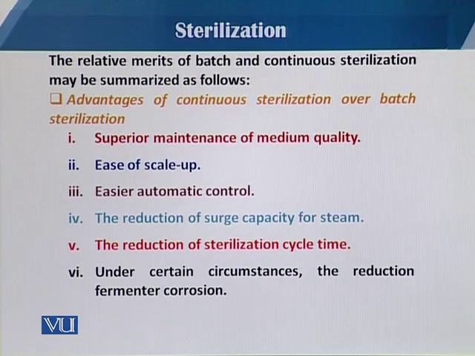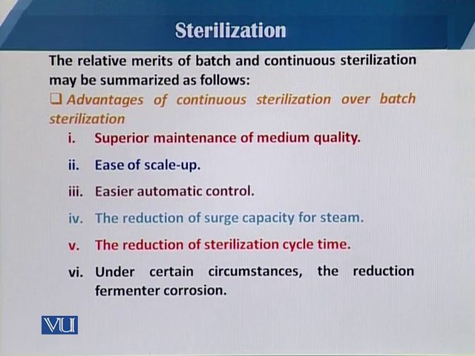What is batch? If we sterilize in batches, having all the medium at the same time. If we sterilize the medium in a stream and then gradually feed it into the fermentation medium, that is known as continuous sterilization process.